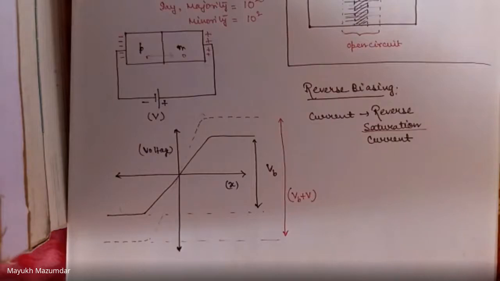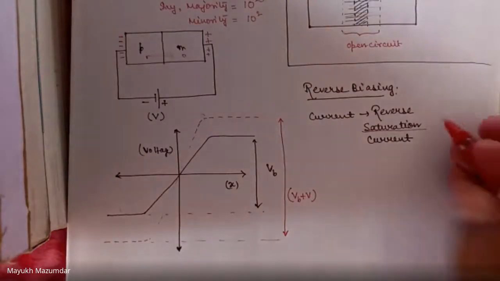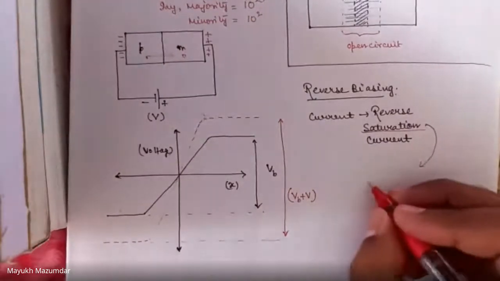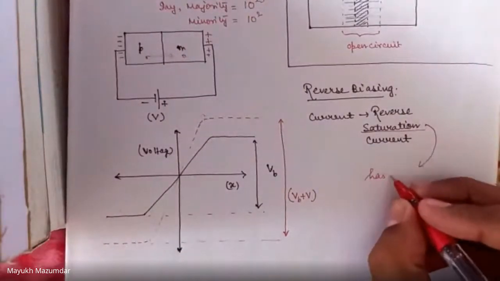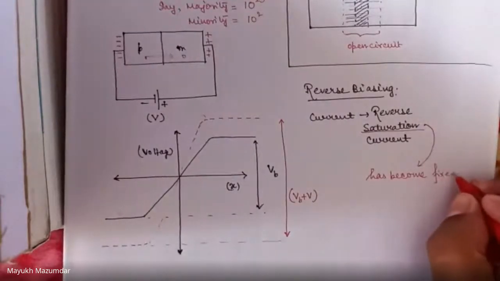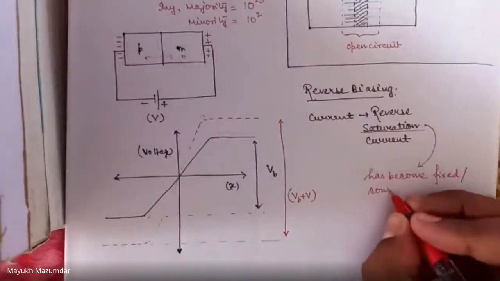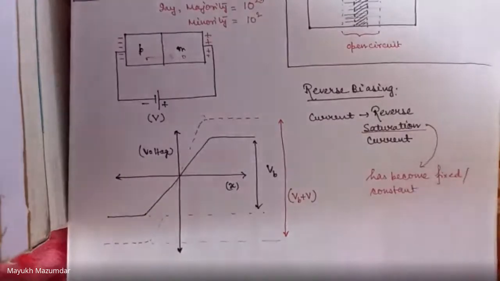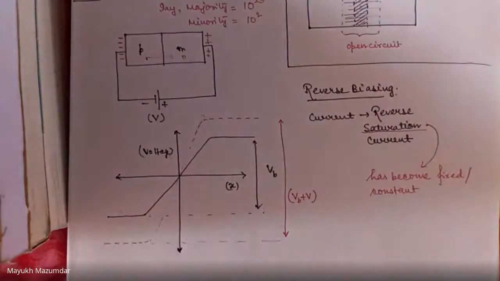That is saturation in physics. When we say something is saturated, we mean that something has become fixed or constant. We say now the graph is saturated at that point.